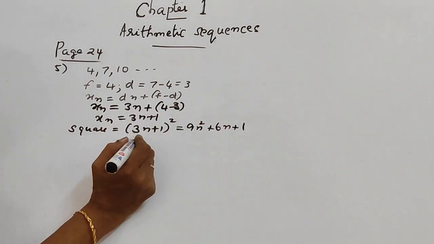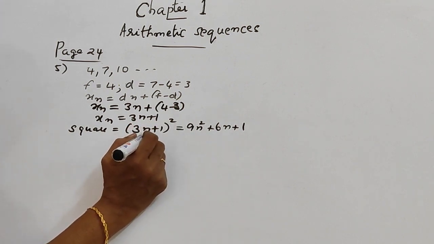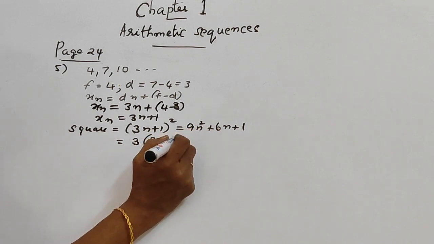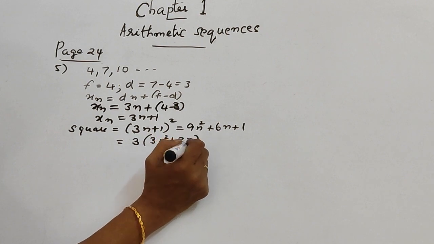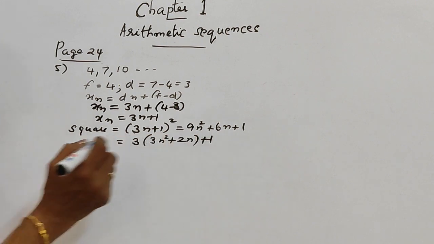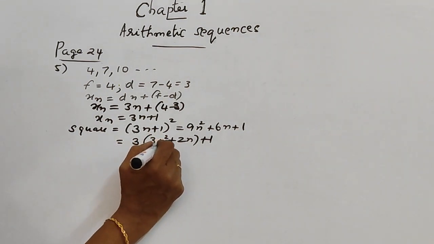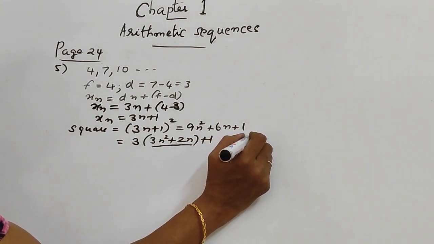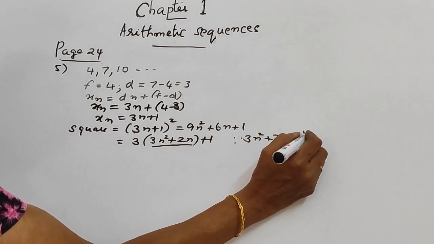3 only, no need of taking n. 3 into, in the bracket, 3n square plus 2n, plus 1. We can assume 3n square plus 2n as k. We are giving the value 3n square plus 2n is equal to k.